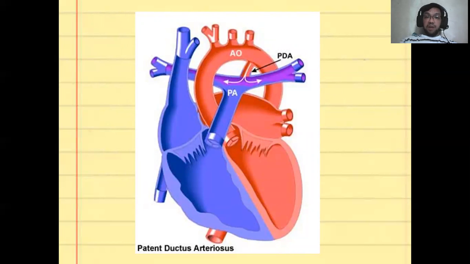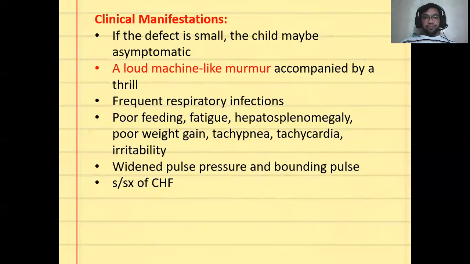So as you can see here, the PDA connects the aortic arch to the pulmonary artery. Now, this is again left to right shunting. The heart is not involved here, but the great vessels of the heart are the ones involved. So instead of it being transformed into a ligament, it didn't close after birth.